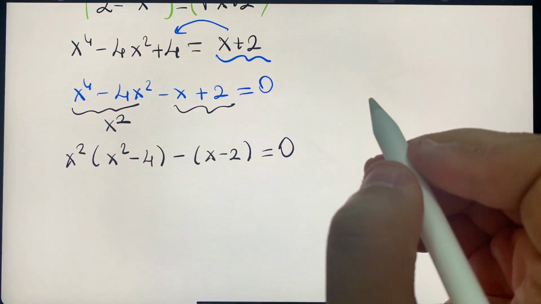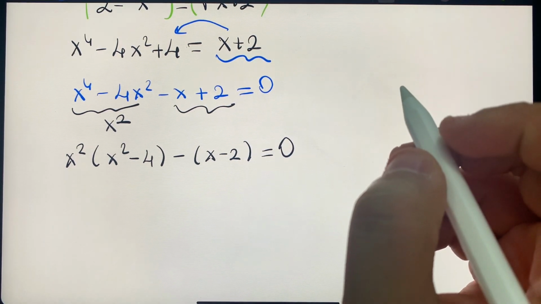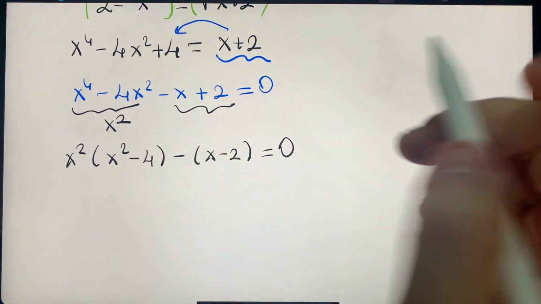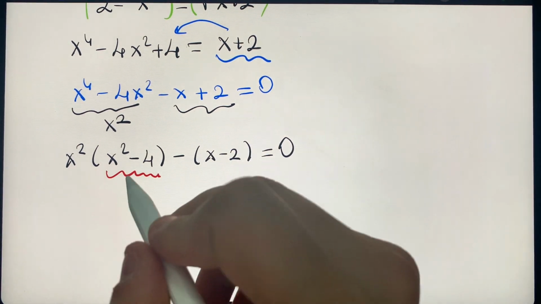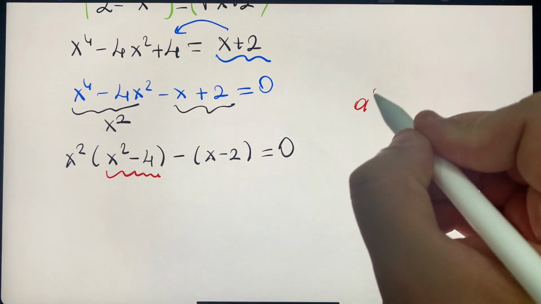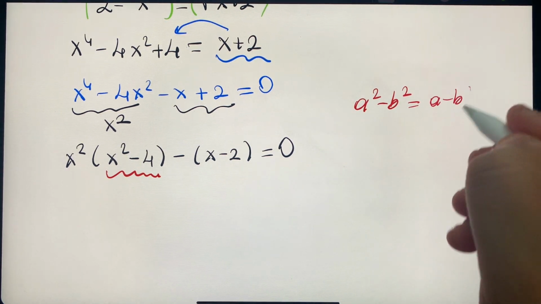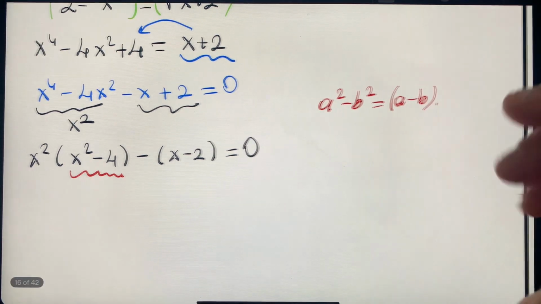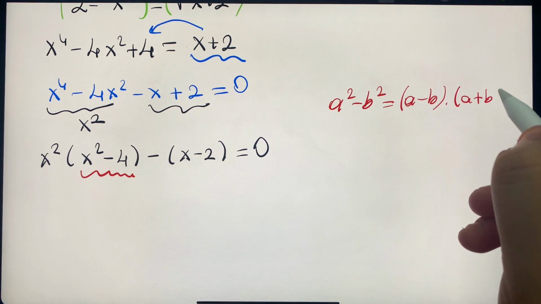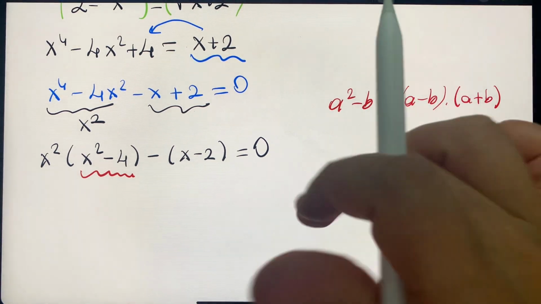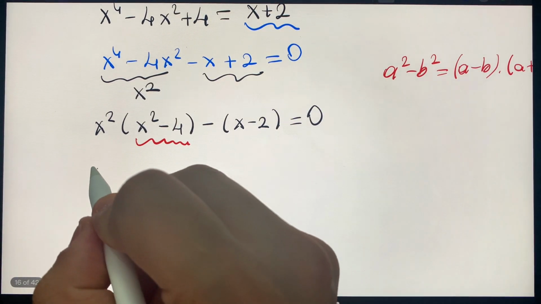What can I do later? In both, yes, let's open the expression here. What was that? How is the difference of two squares? A squared minus b squared is equal to a minus b in brackets times a plus b. Then let's use this feature too.